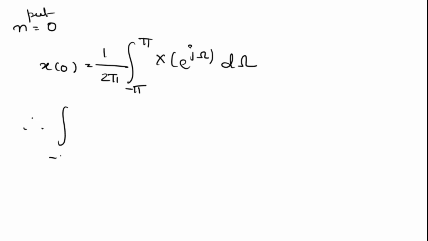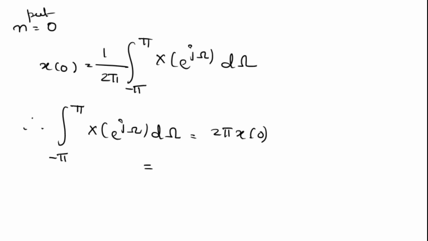Therefore, integration from minus pi to pi of X of e^(j omega) d omega is equal to 2 pi into x of 0, and the value of x of 0 is minus 2, that is 2 pi into minus 2, which is equal to minus 4 pi.